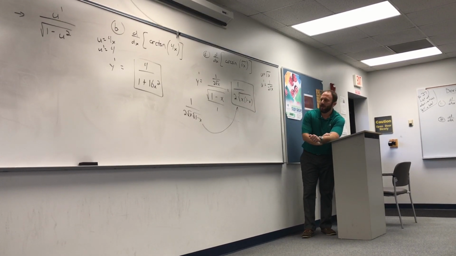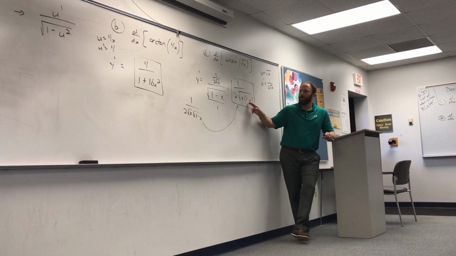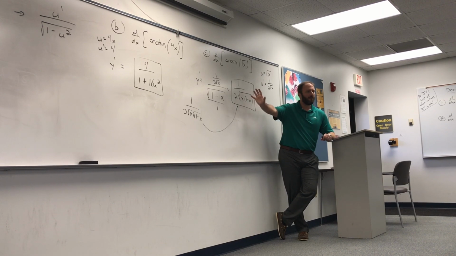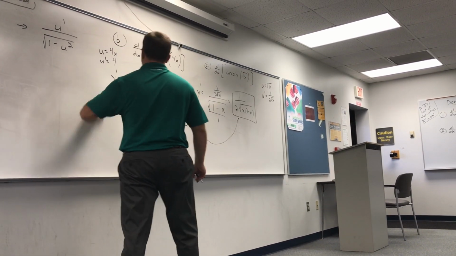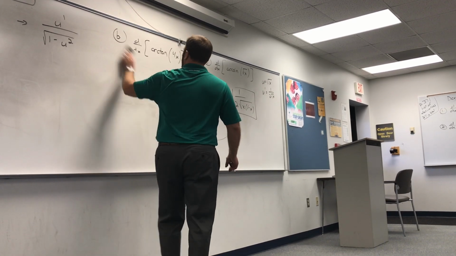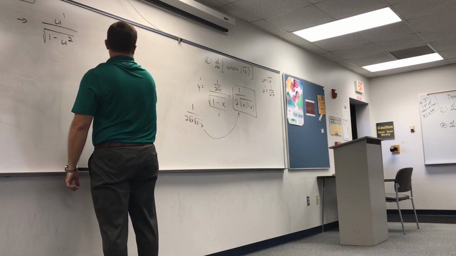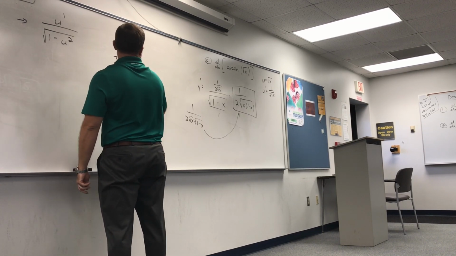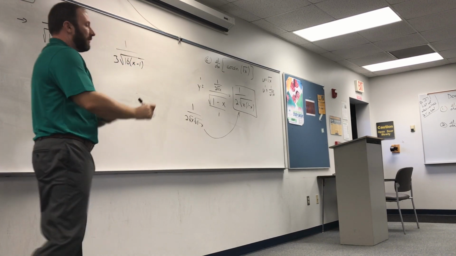No big deal. The one thing we do want to be looking out for, we always want to look out to see if there's a perfect square or something that we could take out. So what I mean by that is, let's say, you guys don't have to copy this down. Let's say we work this out and we ended up with 1 over, I don't know, 3 times the square root of 16x minus 1.